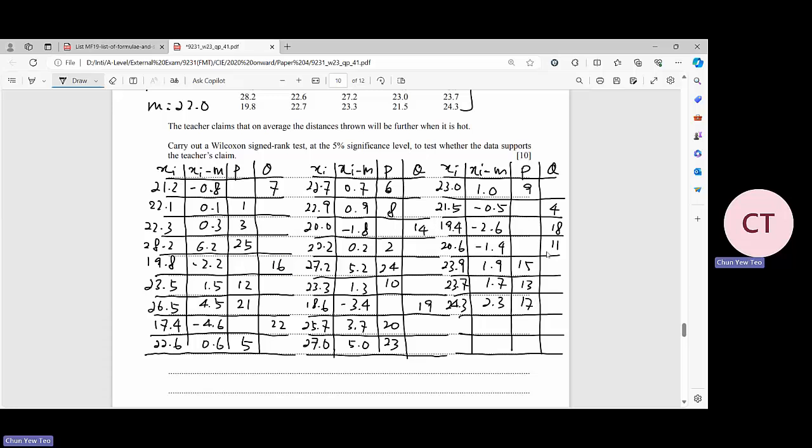Okay, to save time, I calculated earlier, but in the exam, you have to be very careful in getting the answer.